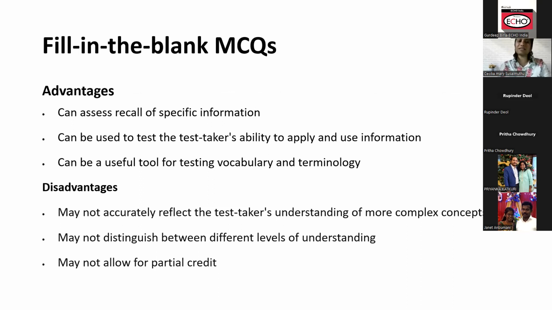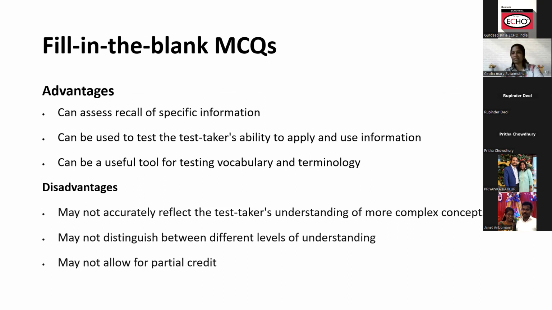The advantages are it can assess recall of specific information, can be used to test the test taker's ability to apply and use information, and it is also a useful tool for testing vocabulary and terminologies. The disadvantages are it does not accurately reflect the test taker's understanding of more complex concepts. It may not distinguish between different levels of understanding and may not allow for partial credit.